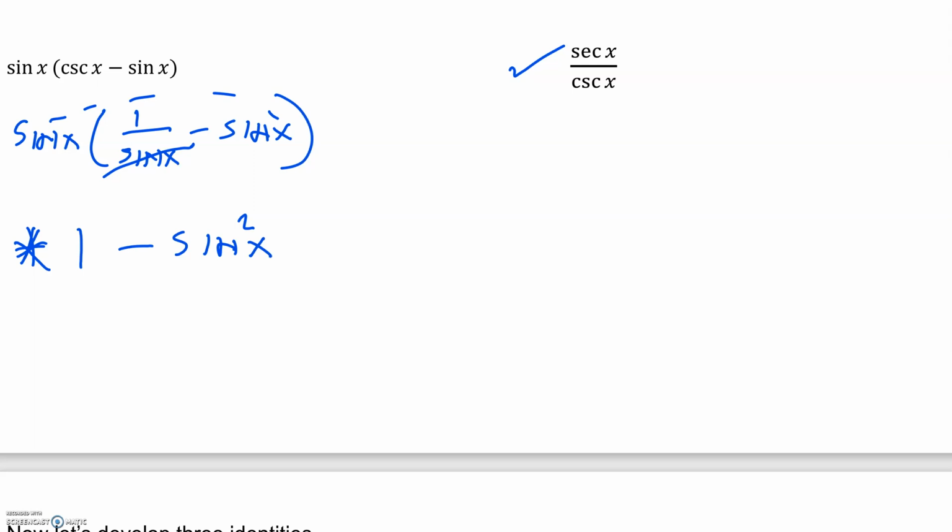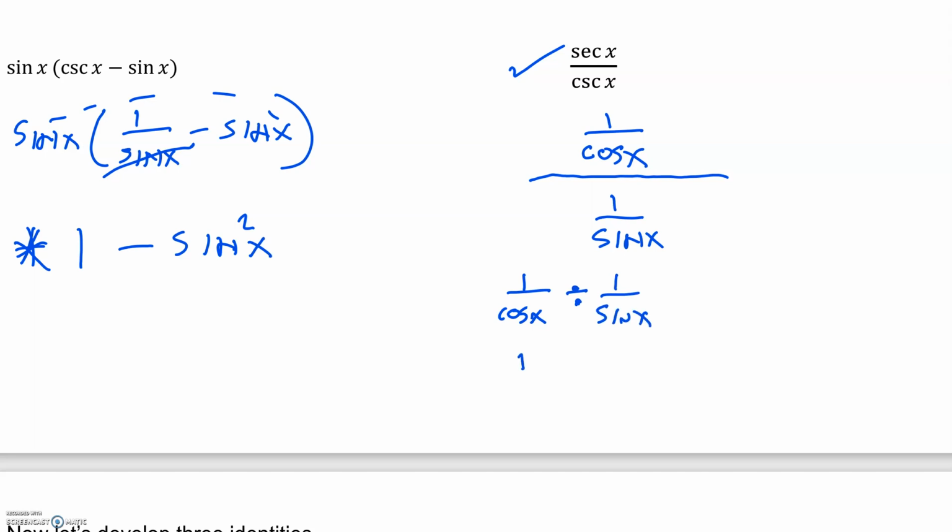All right, so I'm going to rewrite this in terms of sines and cosines. Now, secant is 1 over cosine, and then cosecant is 1 over sine. Well, we've got a fraction over a fraction, which means it's the top fraction divided by the bottom fraction.